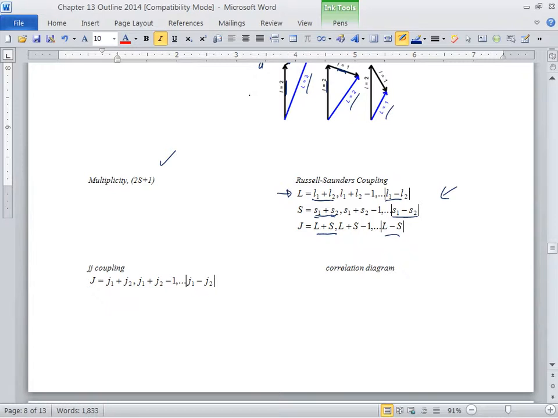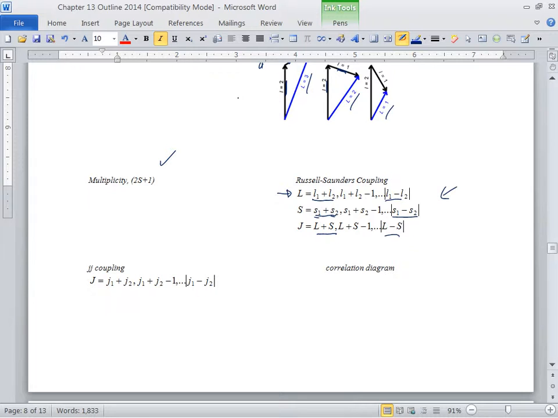Oh, it's a funky plot that looks like this. It's trying to say there are different rules for coupling. That's why JJ coupling is there. We spent a day doing Russell-Saunders coupling. That's the technical jargon for what we did yesterday.